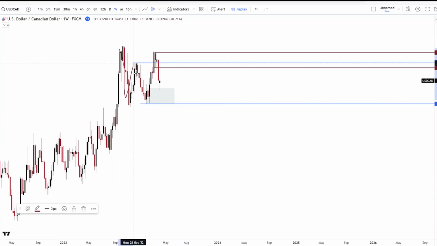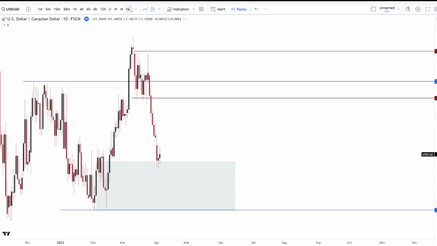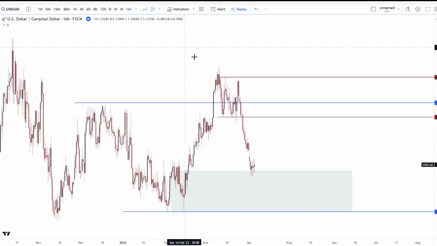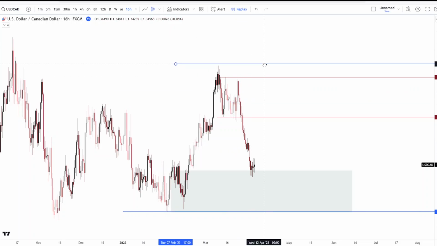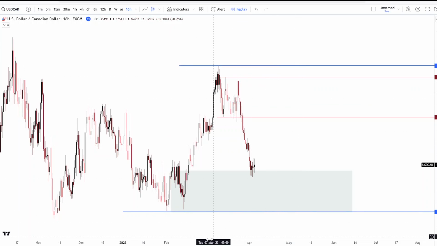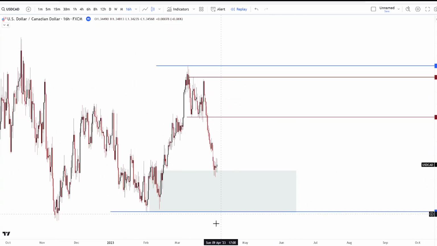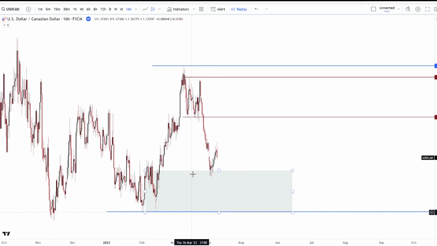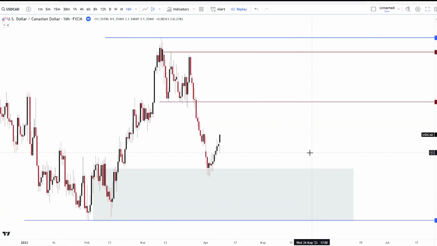Broke structure, came back down. Broke structure, came back down. We're anticipating the bull trend. So now this is our high. Waiting for a range to form.